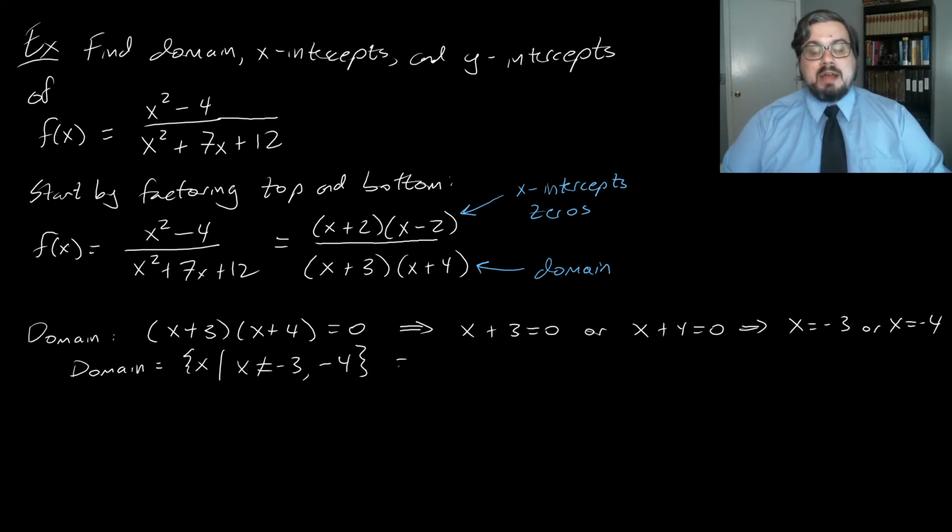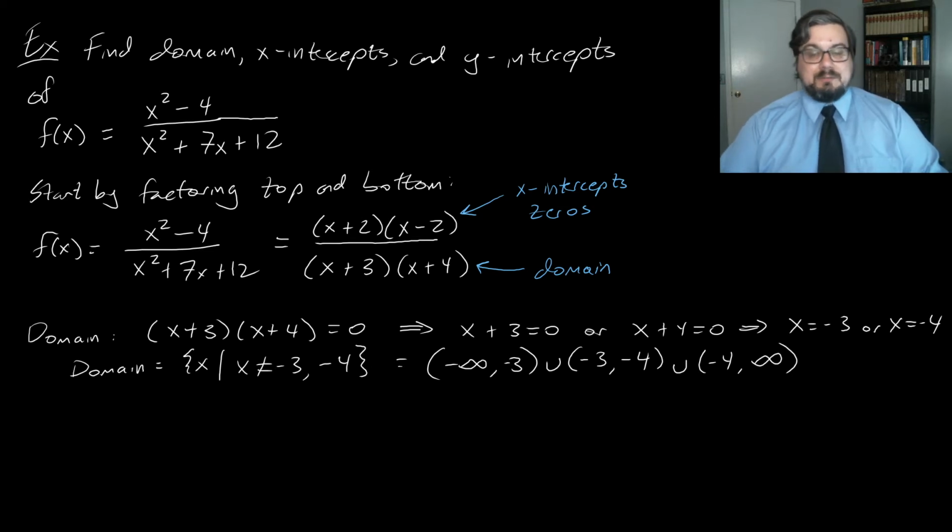We can also write it in interval notation as the interval from negative infinity to negative 3, union the interval from negative 3 to 4, union the interval from negative 4 to infinity. So all real numbers except negative 3 and negative 4. So that gives us our domain.